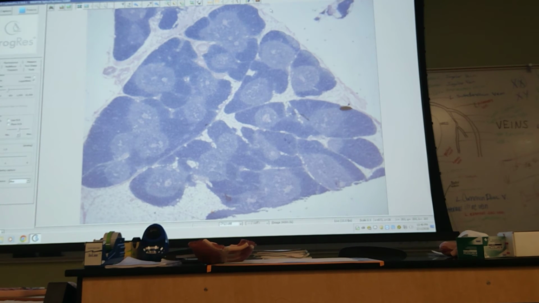And within the medulla of a lobule, you have a structure you must identify.